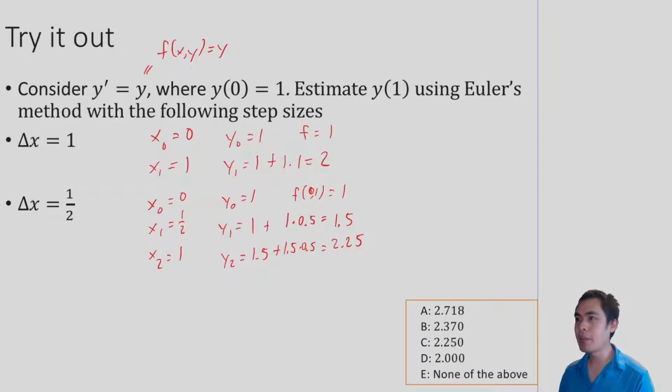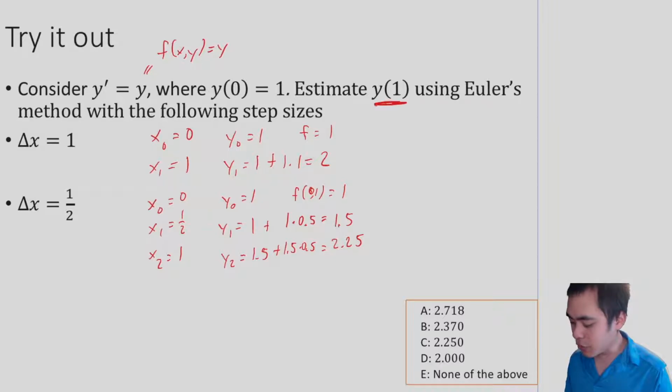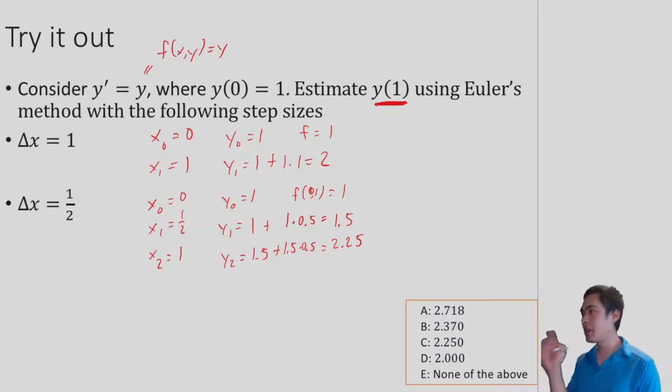A lot of people got B for this answer. Oh, okay, yes, so it looks like we had a bit of confusion. What we're looking for is y of 1. Okay, thank you for bringing this up.